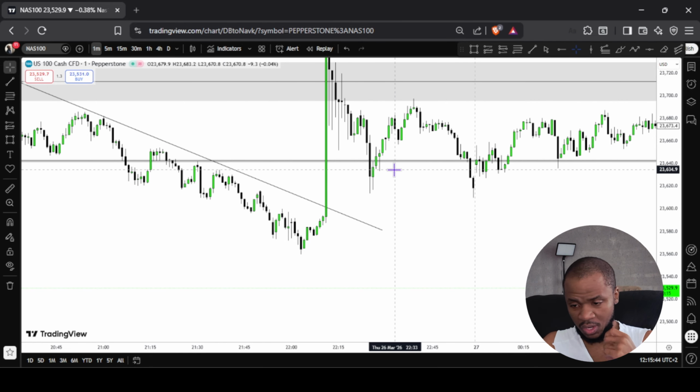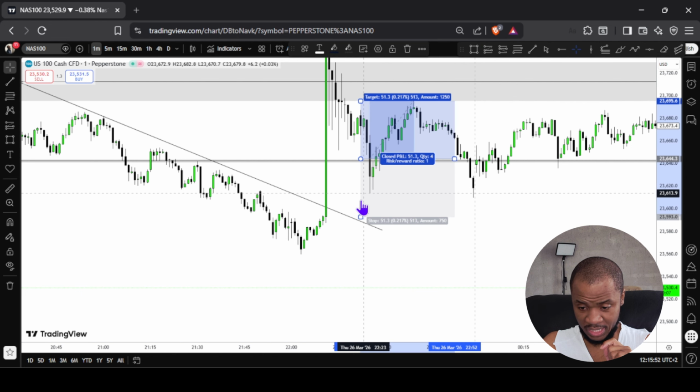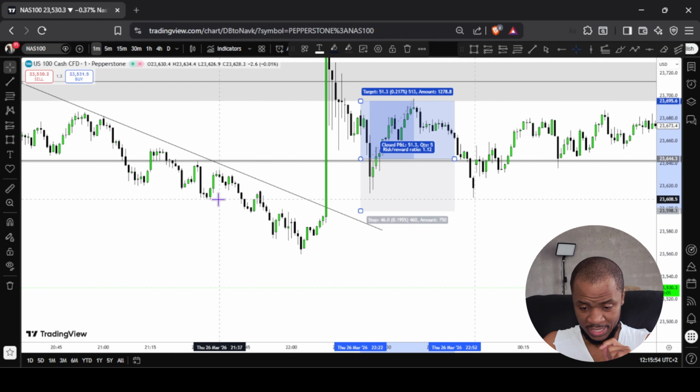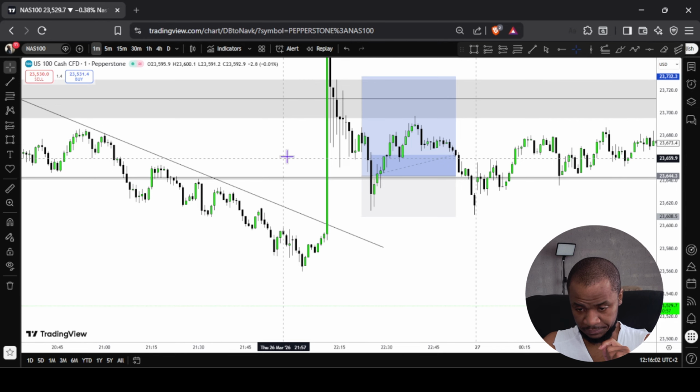So what I did was I set my pending order, my buy limit here. Immediately when it went high, I set my buy limit here, and then I looked at this low over here, set my stop loss here, and targeted a 1:3.